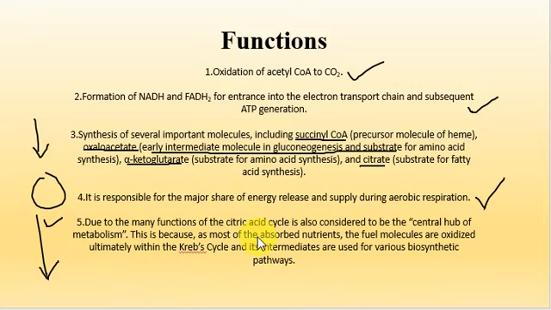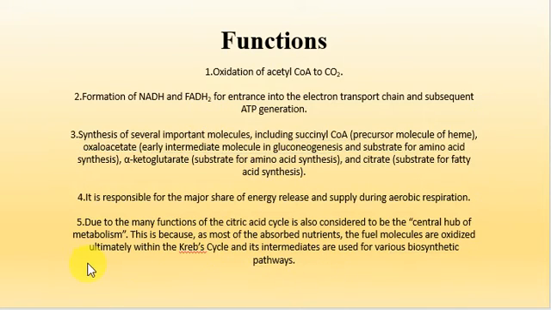This is because most of the absorbed nutrient molecules are oxidized ultimately in the Krebs cycle, and its intermediates are used for various biosynthetic pathways. The pathways we will discuss later on are also formed due to the citric acid cycle. So basically, that is the overall reaction we have seen.